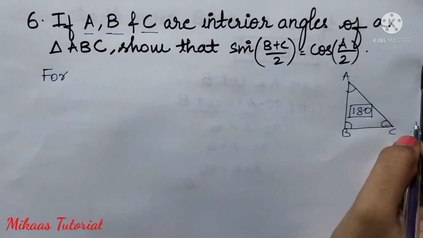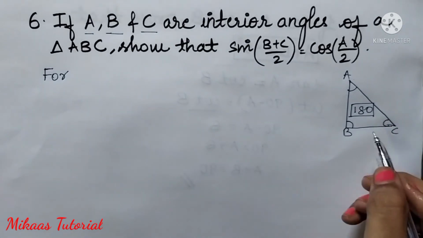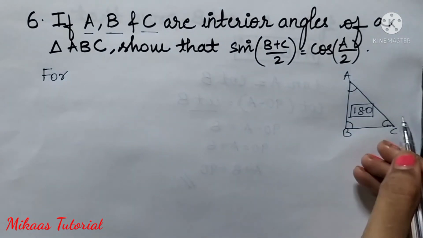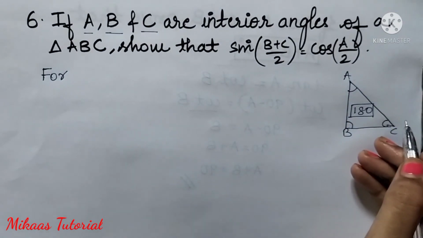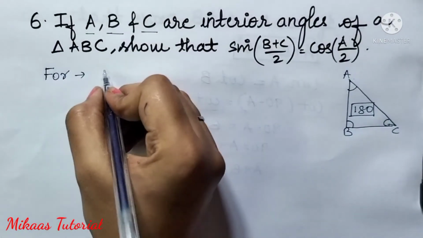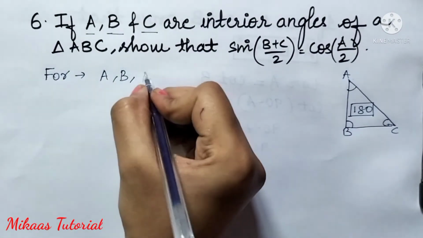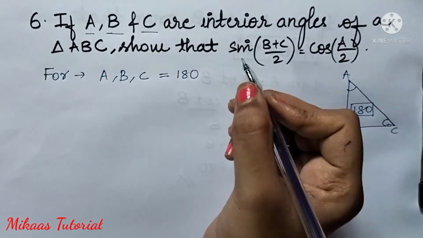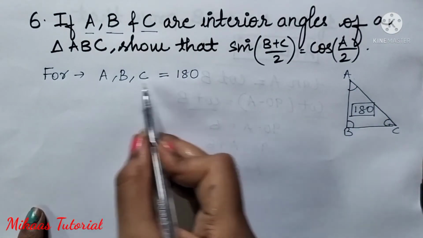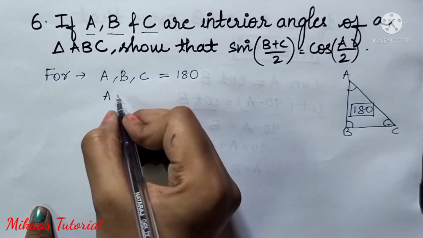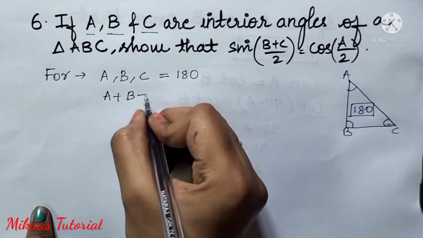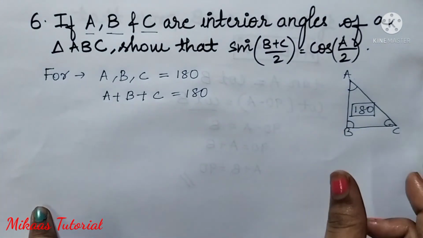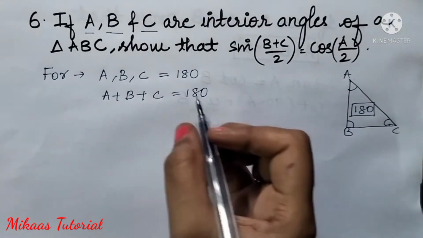As a triangle law, you should remember that if we sum all three angles, we should get 180 degrees. So you should write the equation A plus B plus C is equal to 180 degrees, considering the interior angles of a triangle.